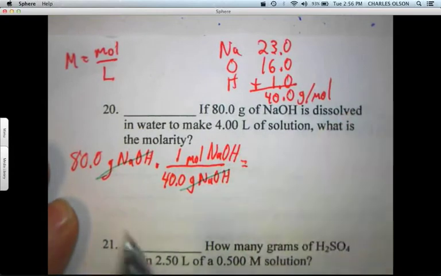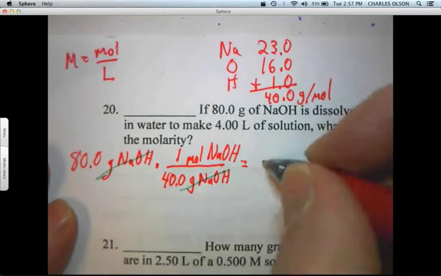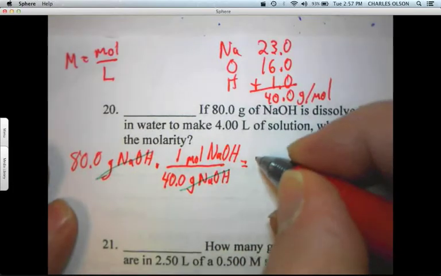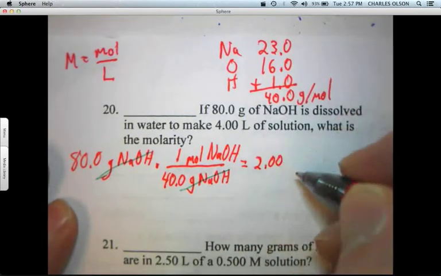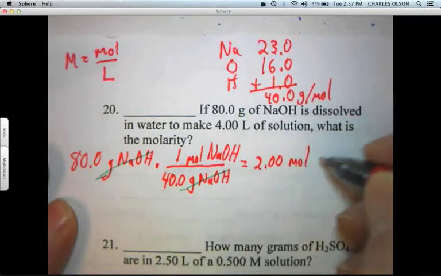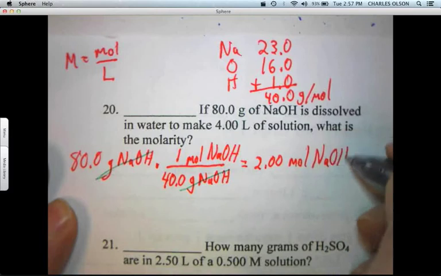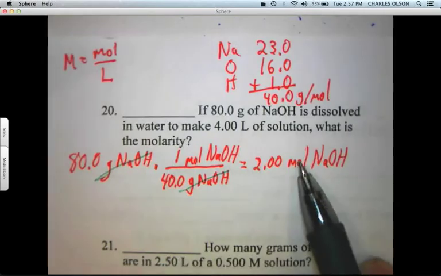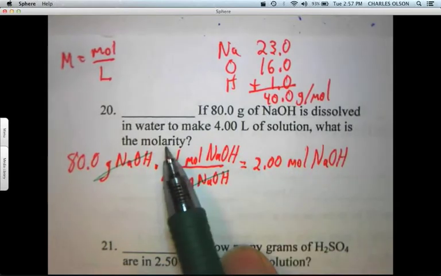The math is very easy. 80 divided by 40. 3 sig figs we start with, so that'll be 2.00 moles of NaOH.